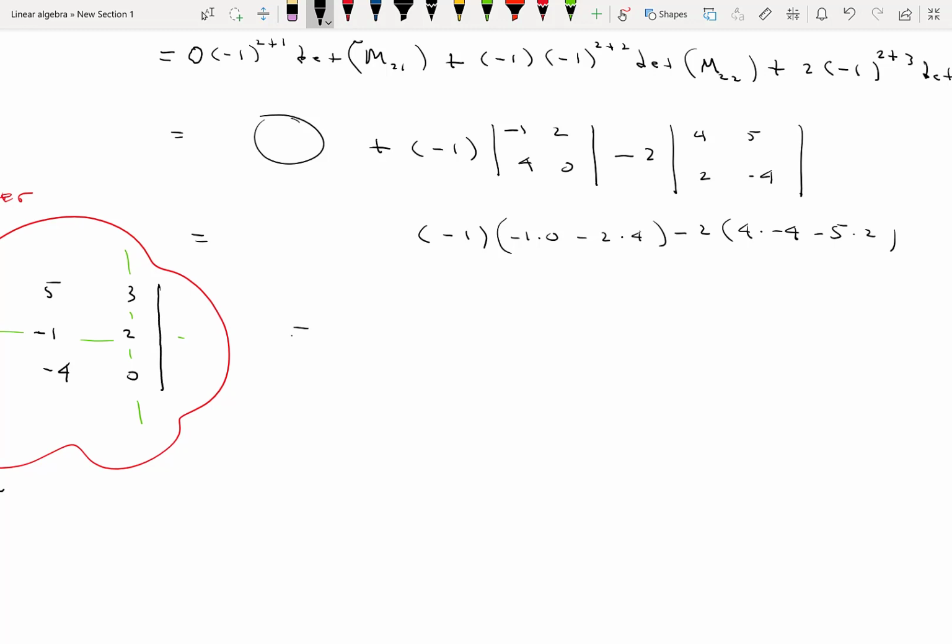And that gives us, let's see, it's supposed to give us 58. I'll go ahead and figure it out. So this is -1 times -8. Doesn't look like what I have here. Hang on a second.